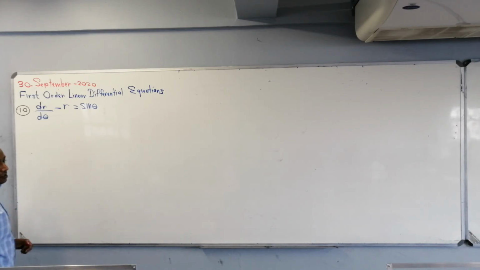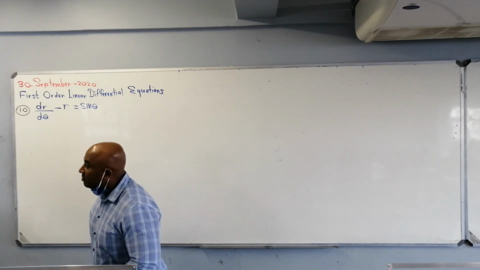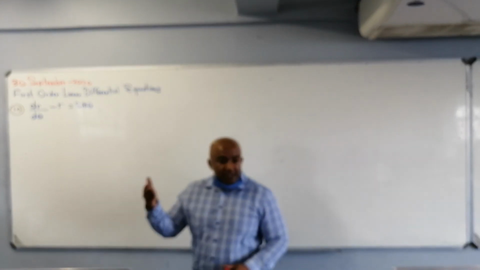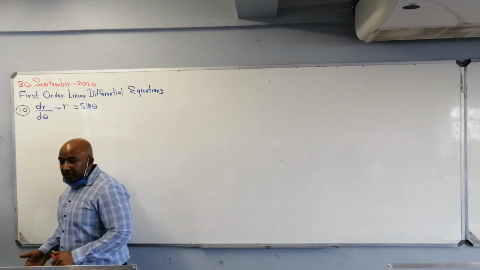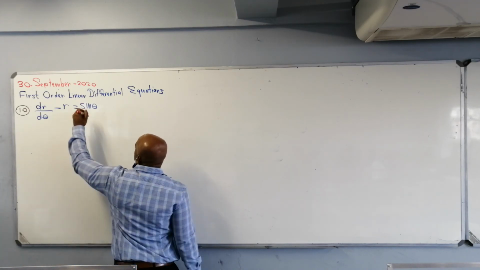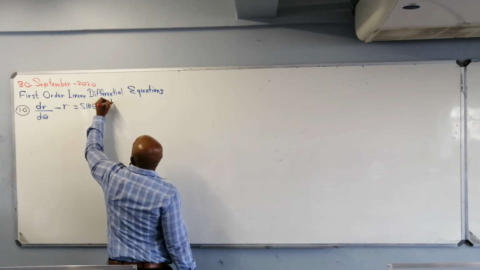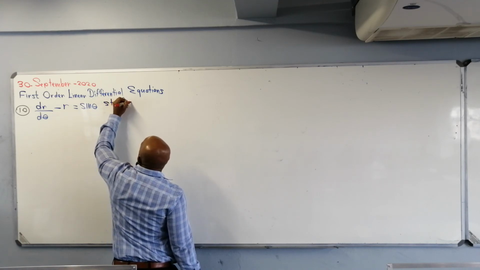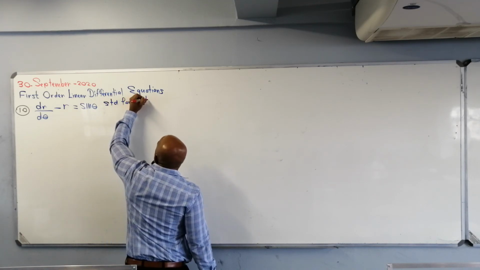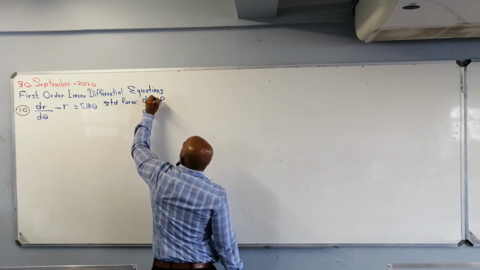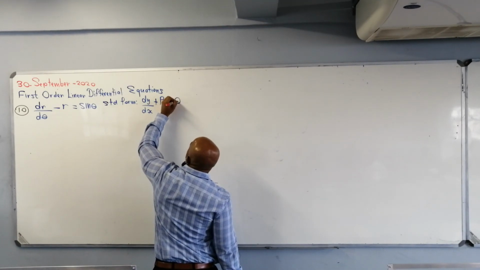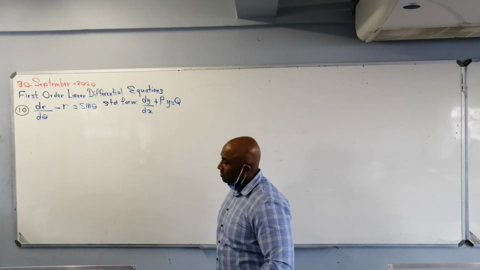Right, so here I'm choosing number 10 from the exercise, the same exercise that we've been dealing with. So now, our standard form, remember the standard form? Is dy over dx plus p times y is equal to q.